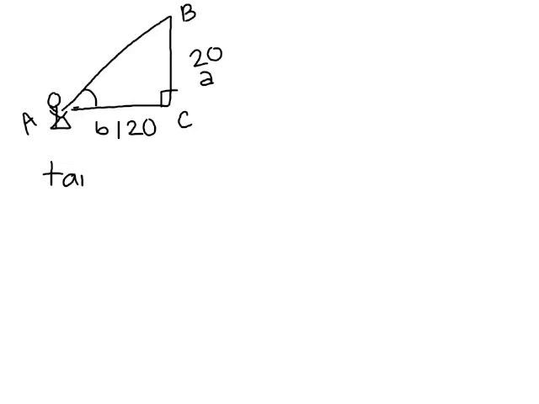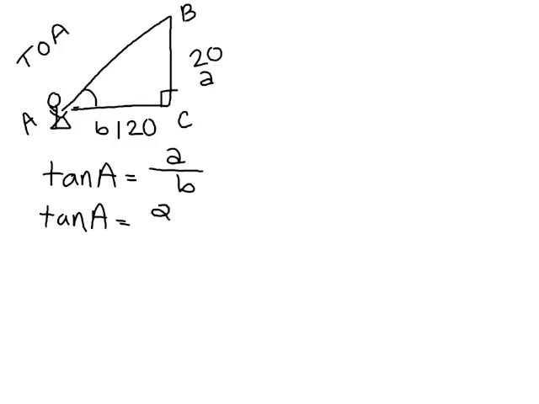The tangent of angle A equals opposite over adjacent. Opposite of angle A is little a, and adjacent is little b. So the tangent for angle A is 20 over 120, which equals 0.1666667.